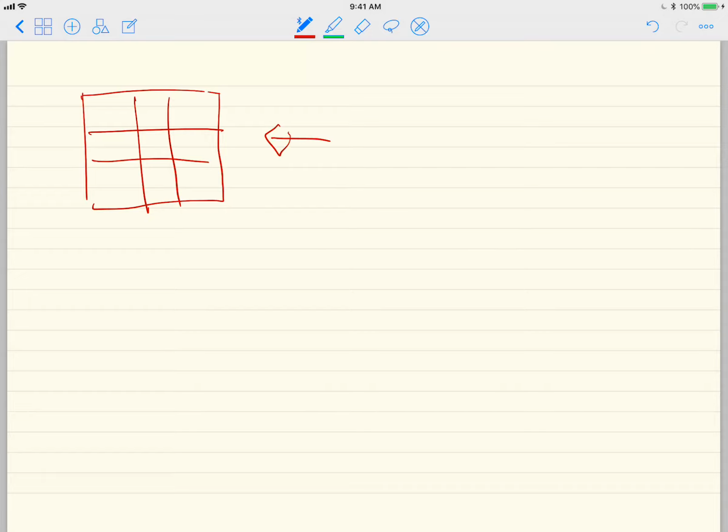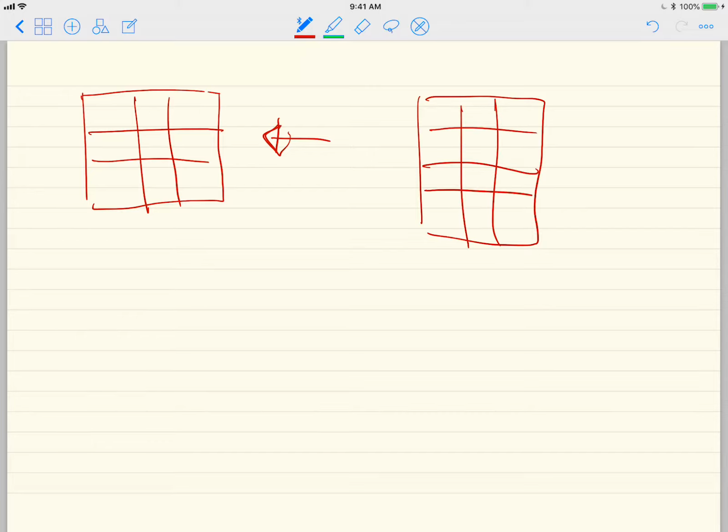But before then we can think of a weaker condition that can also be discussed for the rectangular matrix. So for example, like this. So this is a 4 by 3 matrix.